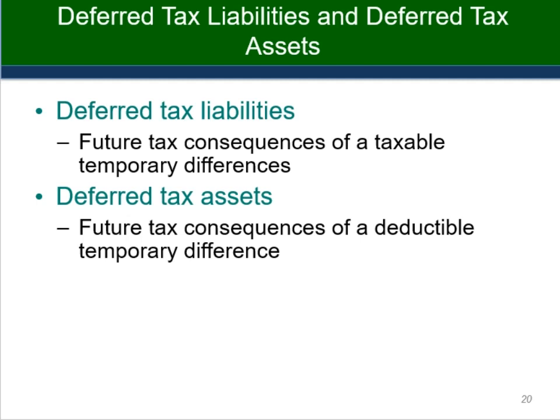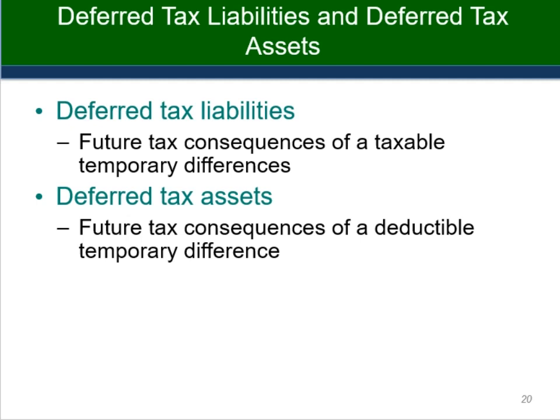Okay, so a deferred tax asset. A deferred tax asset is recognized for all deductible, and by that we mean future deductible, temporary differences. So temporary differences that will arise will cause additional deductions in the future. However, that being said, deferred tax assets should be reduced if, based on the available evidence, it's probable that some portion or all of the deferred tax asset will not be realized.